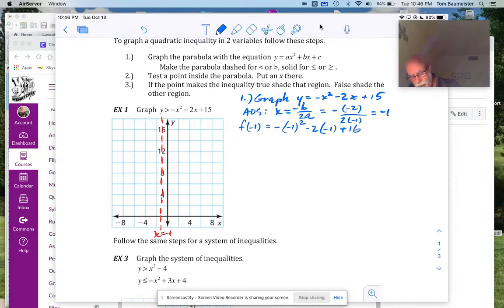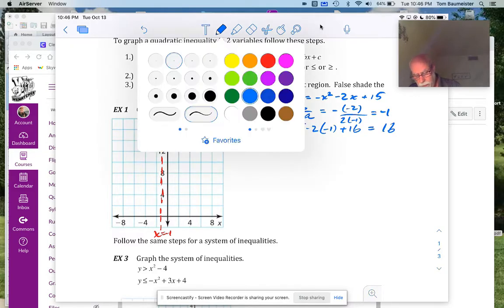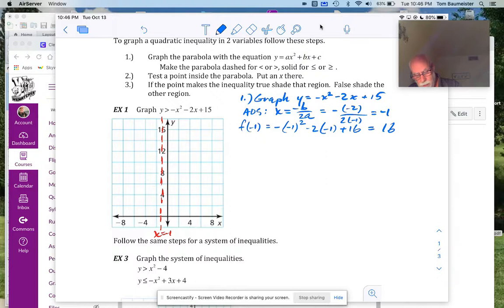If you work that out, that should be 15, I accidentally wrote it wrong there. So our vertex is at negative 1 and 16.